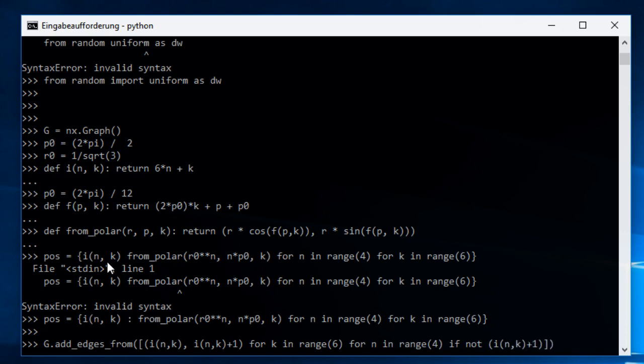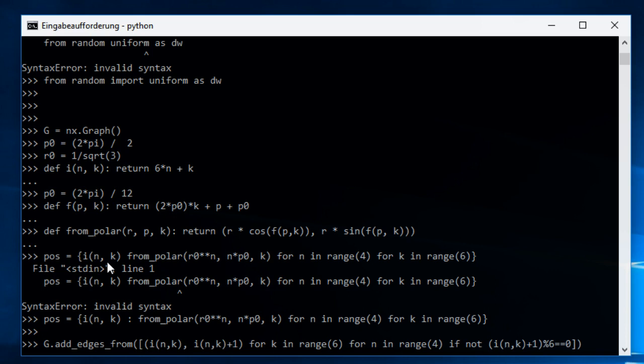So if you're at 5, you don't want to connect to 6 just yet. So if you have 6, and we check that by saying the index modulo 6, if this is 0, like every 6th one basically, then don't add this edge. Okay, so let me check if that's right what I did here.